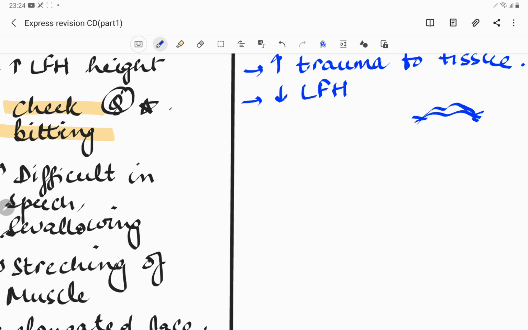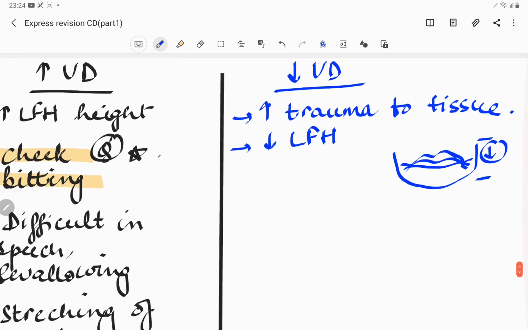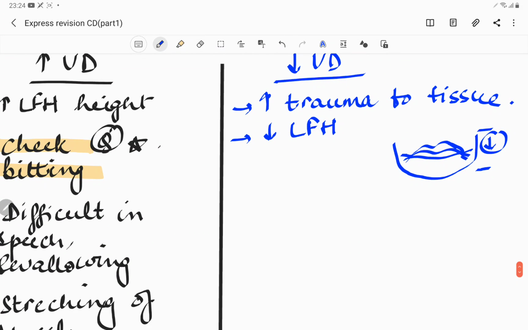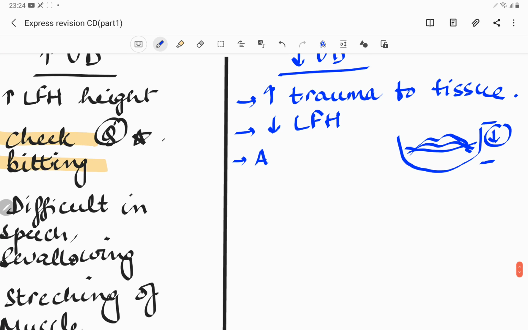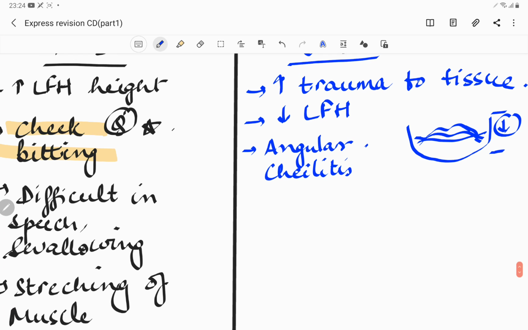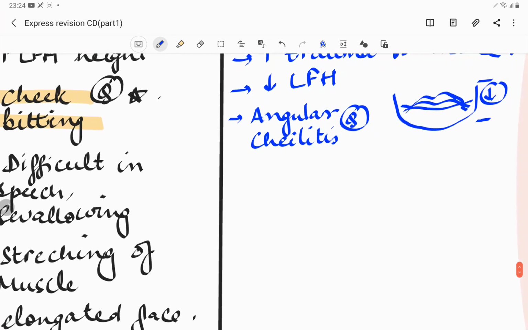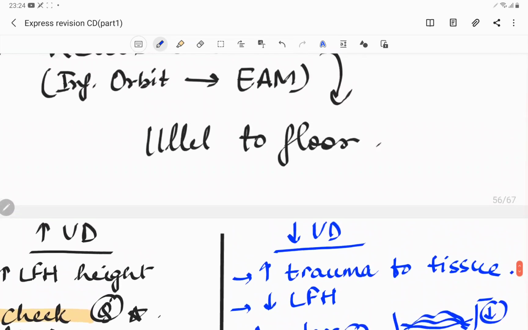There will be folding present in the lips, and the lower facial height will be reduced. The corners of the lips will be folded. Because of that, the patient can have angular cheilitis, or angular stomatitis also.